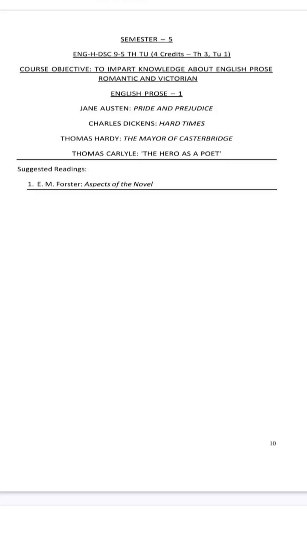From Jane Austen, we have Pride and Prejudice, with the main focus on marriage, class, irony, and women's role in society. Important questions include the role of marriage in shaping women's destiny, the character of Elizabeth Bennet, how she shows independence, wit, and personal growth throughout the novel, the character of Darcy, then Austen's criticism of social class and status, and the use of irony as her signature style.